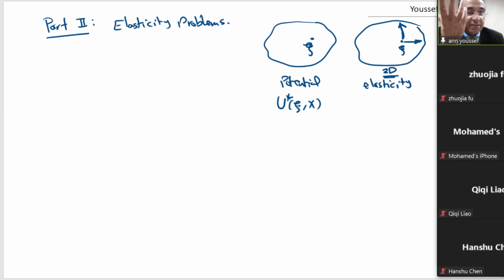So the effect from this point to this point x is only a single value. But now, for elasticity, we practically have 4 values.